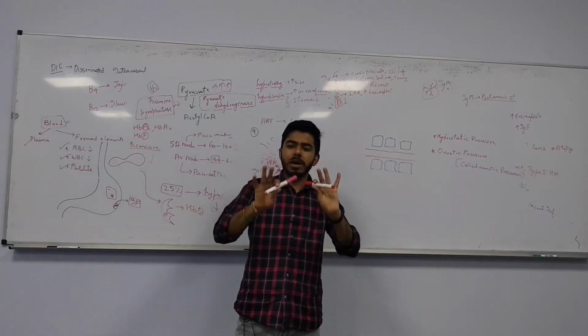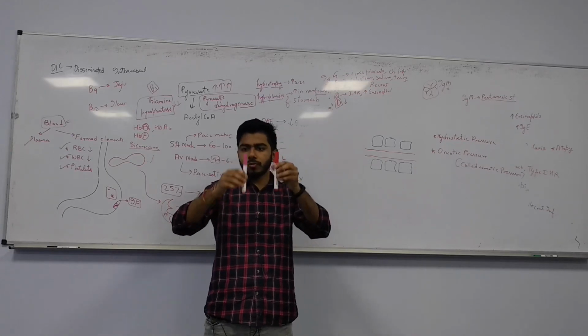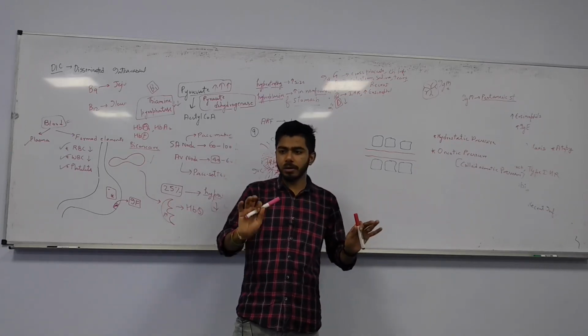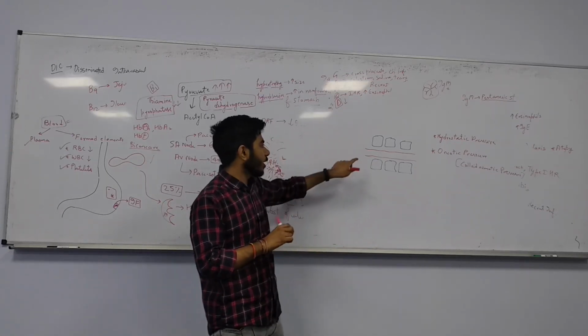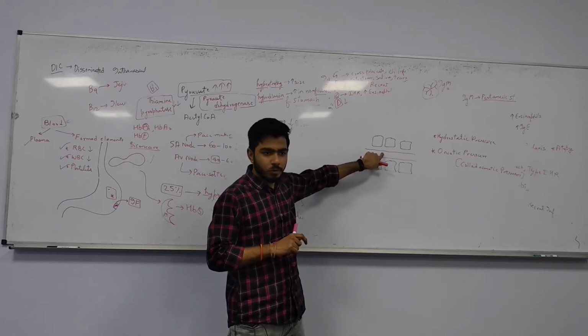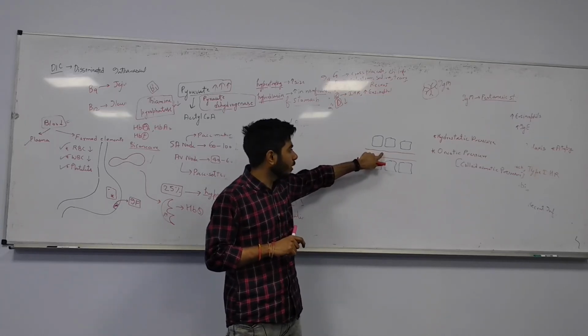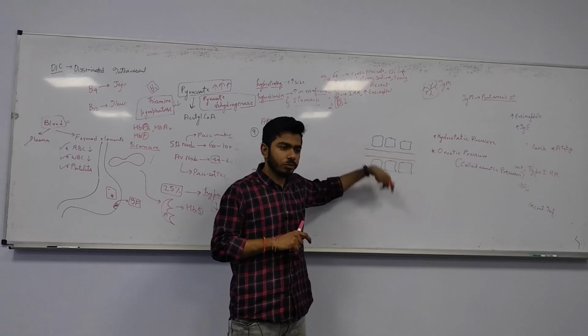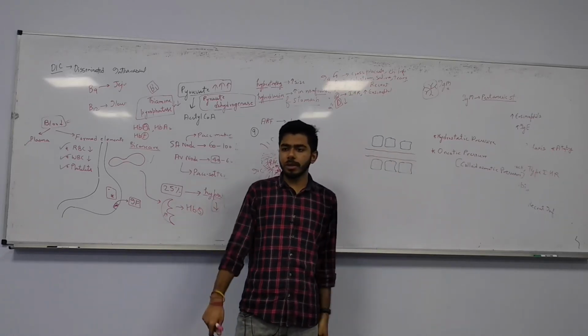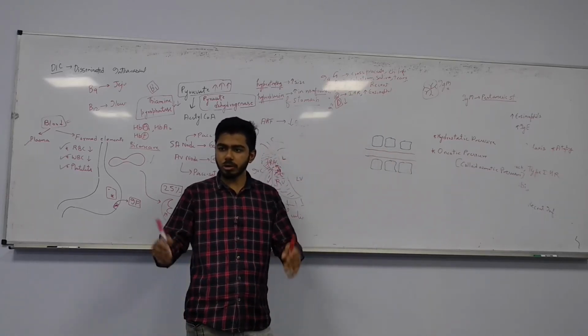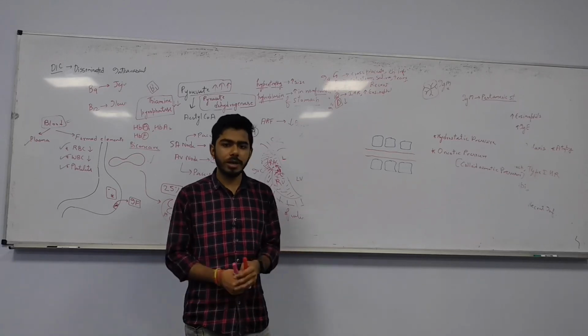Now when edema happens, there is an imbalance between these two forces. What is edema? If the plasma which is flowing in the blood circulation leaks into the interstitium of the tissues, that leads to edema. So an increased amount of fluid in the interstitium is actually the edema.